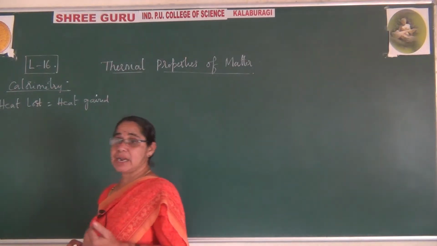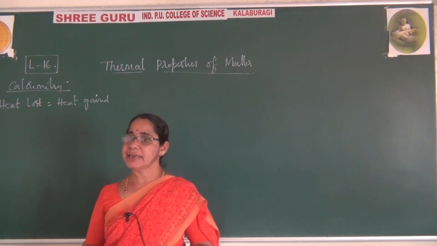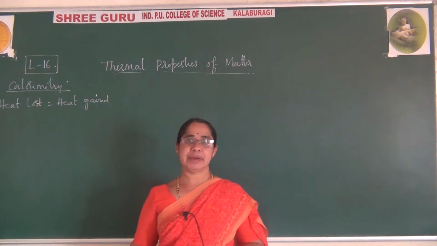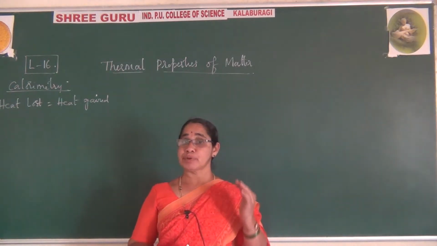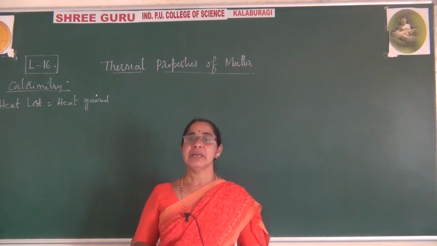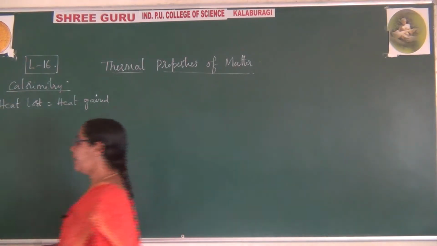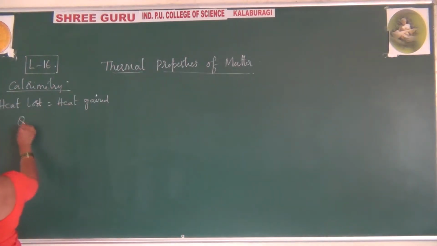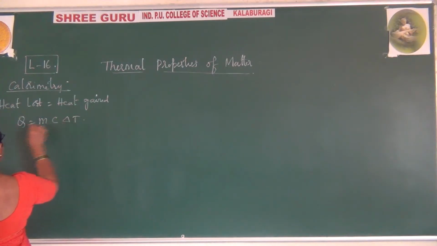In this heat lost, to explain that heat, since we already have a calorimeter, we are using the concept of specific heat to solve the problems. There, the quantity of heat is always represented by Q is equal to mc delta T.